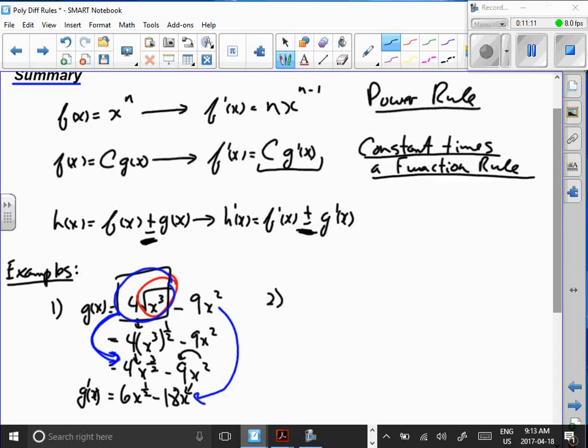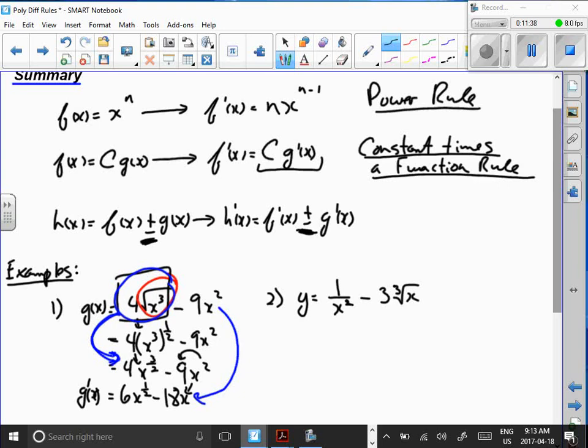So let's say we have y equal to 1 over x squared, minus 3 times the cube root of x. Okay, now this isn't technically a polynomial function, but we can make it look like one.